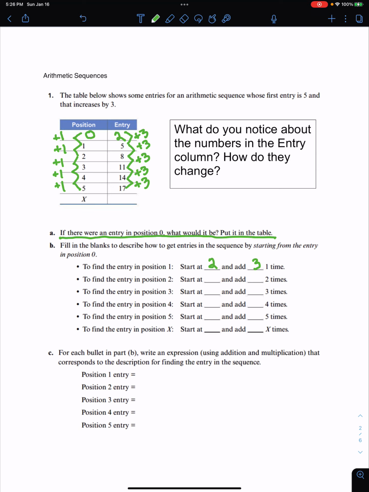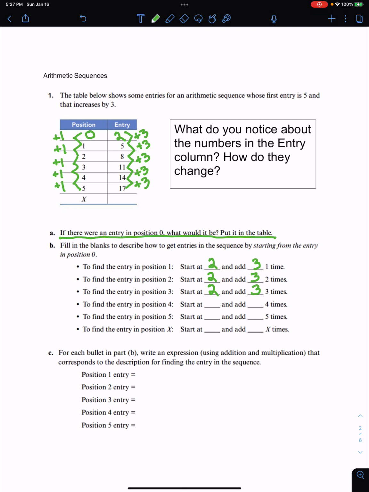To find the entry at position 2, we start at 2 and we add 3 2 times. So notice we add 3 to 2 to get to 5 and 3 to 5 to get to 8. To find the entry at position 3, we start at 2 and we add 3 times.